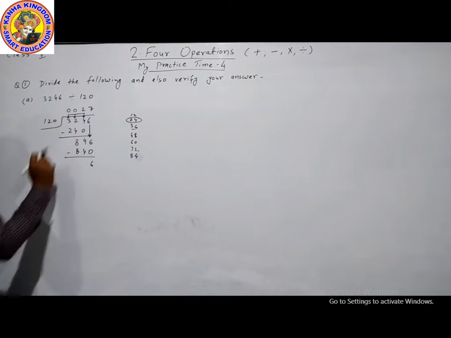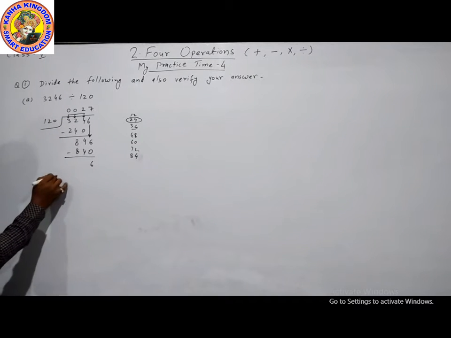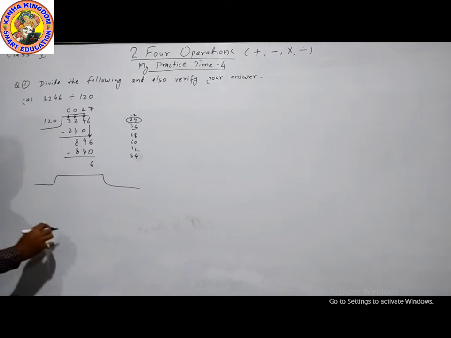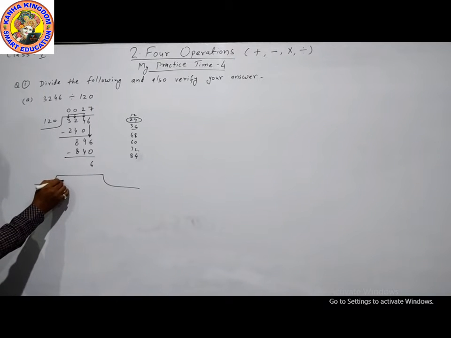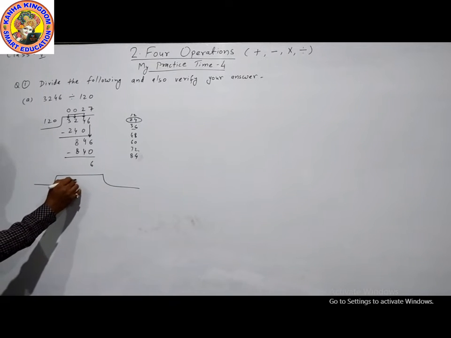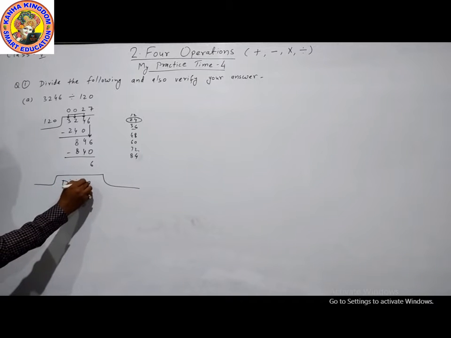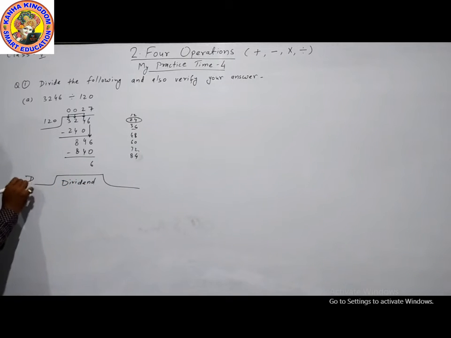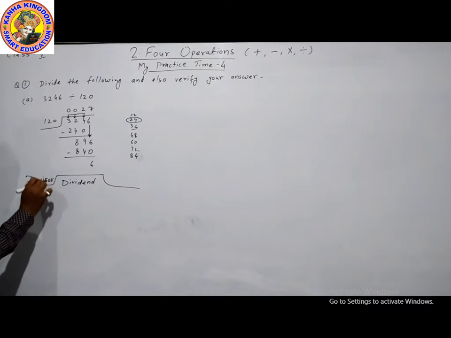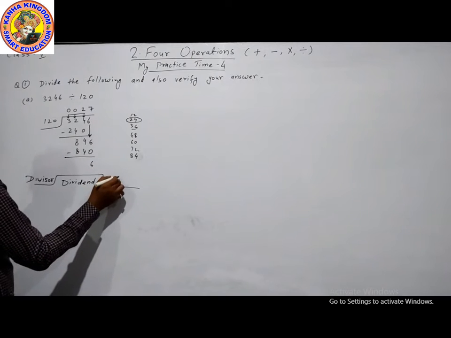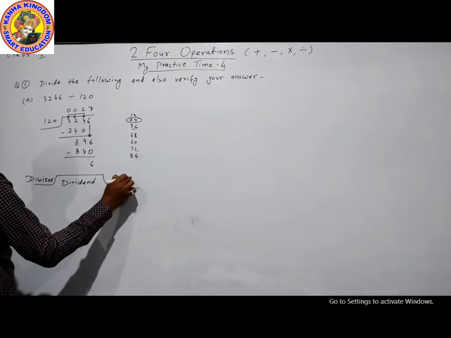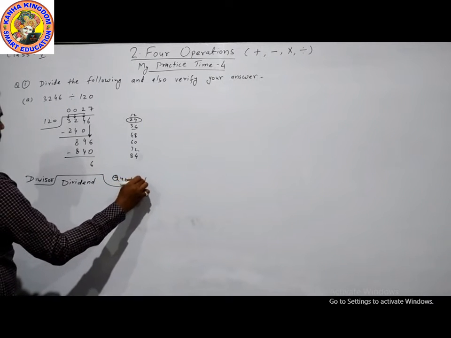here is a number in this division. The number here is called the dividend. Here the number is called the divisor. Here the number is called the quotient.